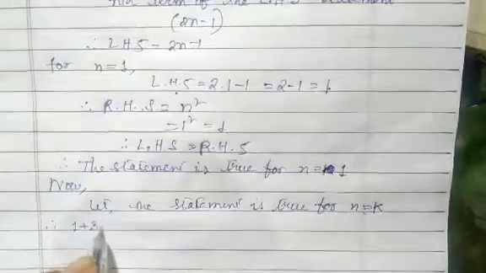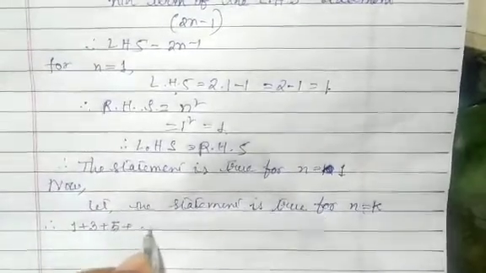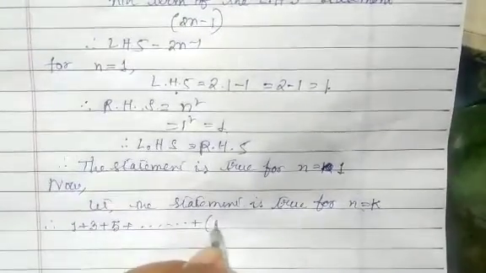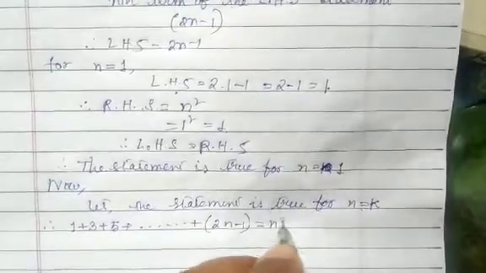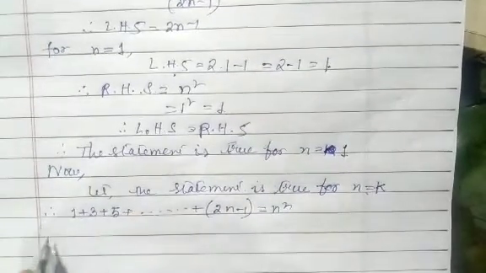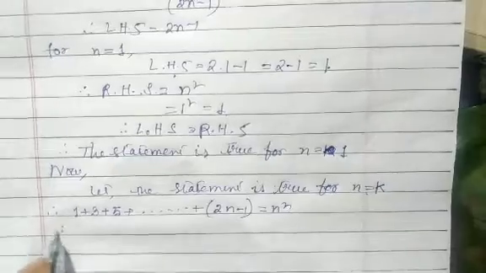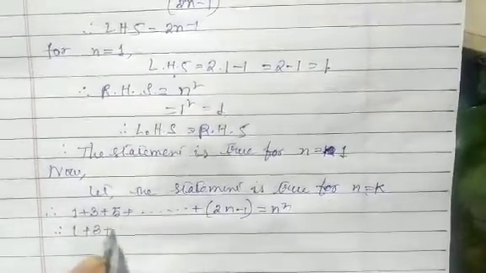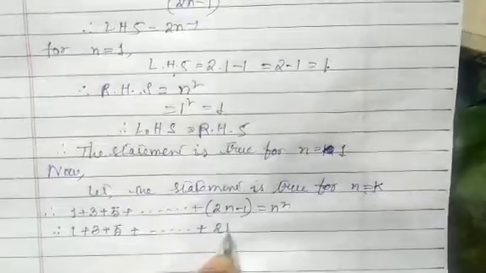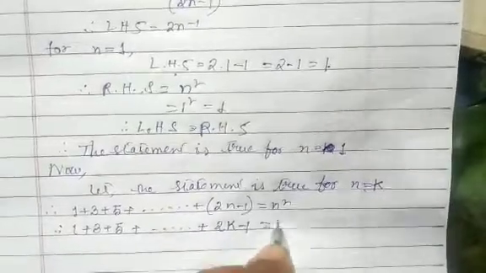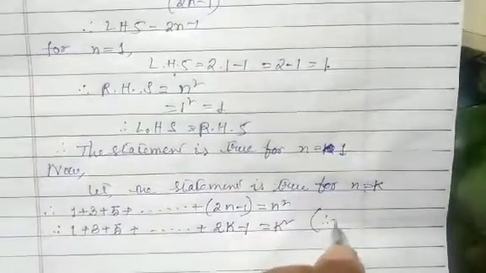The statement is 1 plus 3 plus 5 plus dot dot dot plus twice n minus 1 is equal to n square. Therefore 1 plus 3 plus 5 plus dot dot dot plus 2k minus 1 is equal to k square.